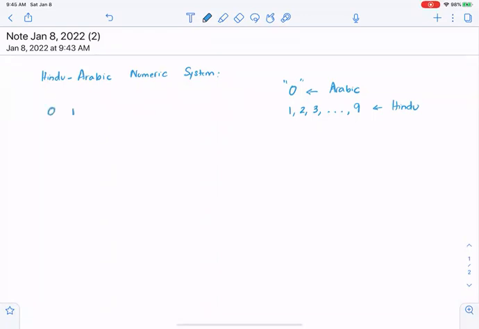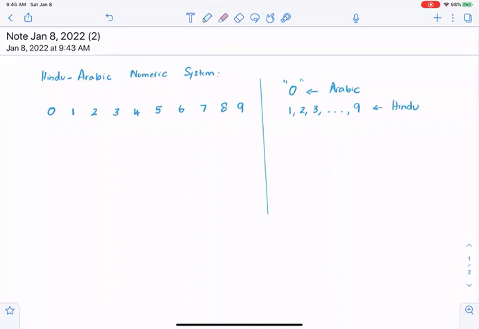Now, I'm going to write all the numbers. So that seems very trivial, which in fact it is. 0 through 9.